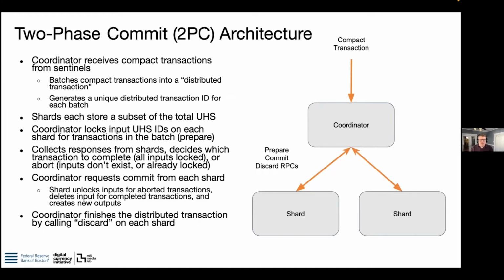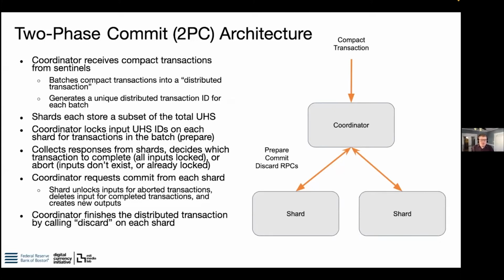So if it receives a notification that all of the inputs to a compact transaction have been successfully locked, it can go ahead and proceed with the transaction. So it will then subsequently go and commit the transaction by telling the shards to delete the previously locked input UHS IDs and create the output UHS IDs.